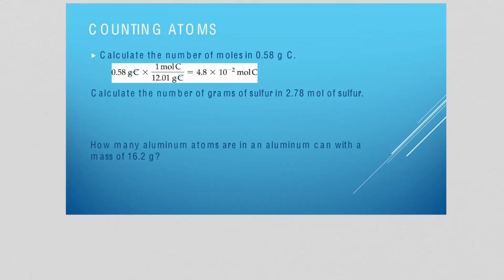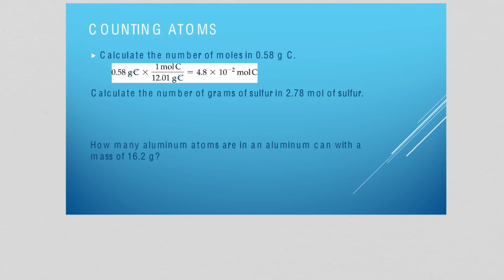So let's do a little practice so that we can see how it works. Let's say I want to know the number of moles in 0.58 grams of carbon. So I weighed out 0.58 grams of carbon. I want to know how many moles that represents. Well, if I look on the periodic table, I know that each mole of carbon weighs 12.01 grams.